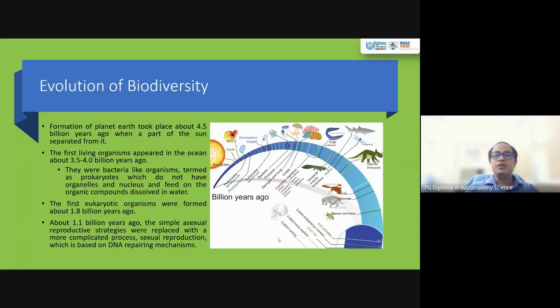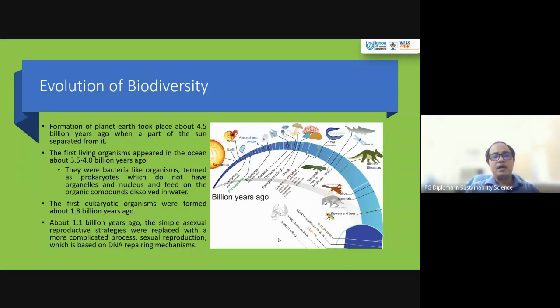These bacteria do not have cell organelles or a nucleus, and they feed entirely on organic compounds dissolved in the water, right? Then the next stage of evolution was from prokaryote to eukaryotic organism, which was formed around 1.8 billion years ago.